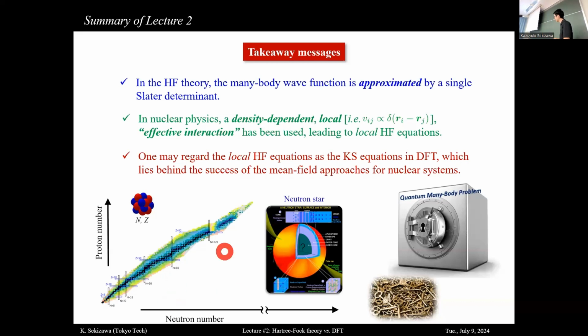In many nuclei and neutron star matter, neutrons and protons are in a superfluid phase. I will explain in the next lecture how to deal with this superfluidity and superconductivity. And in the coming lectures, I will also discuss how to describe excited states and nuclear reactions.